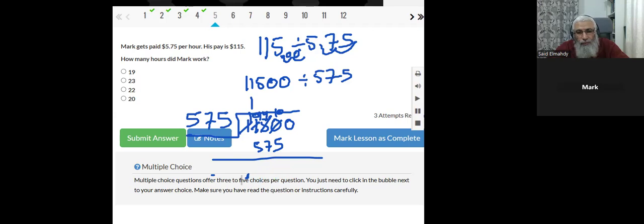There should be 2. 2 times 5 is 10. 2 times 7 is 14 plus 1, 15. 2 times 5 is 10 plus 1, 11. So this is just 0, and bring down 0. 0 divided by any number is 0. So the answer is 20.